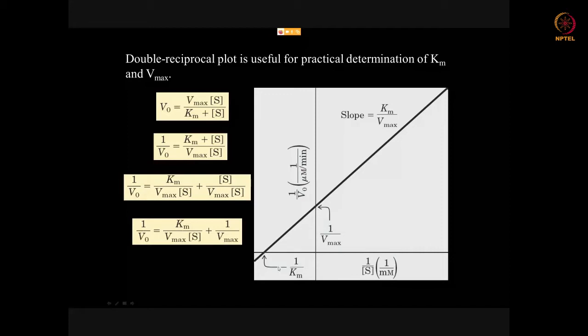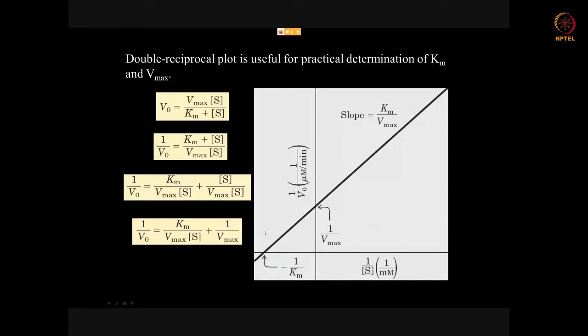So we do not worry about this intercept and minus 1 by Km. These two are the really main points, and this is what helps us to measure the Vmax as well as Km very readily. This double reciprocal plot was proposed by Lineweaver and Burke, and is also called the Lineweaver-Burke equation.